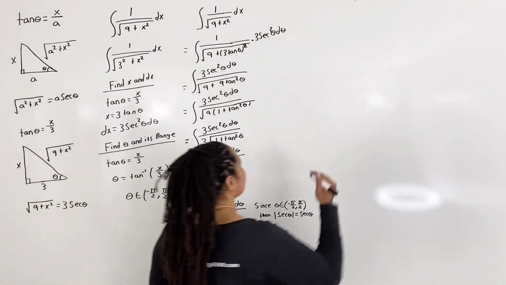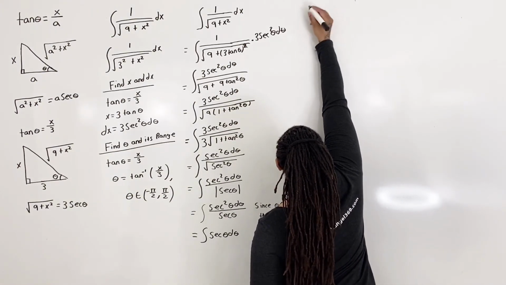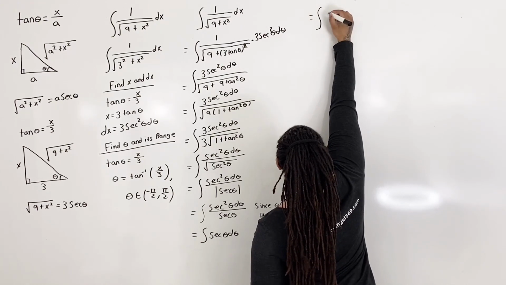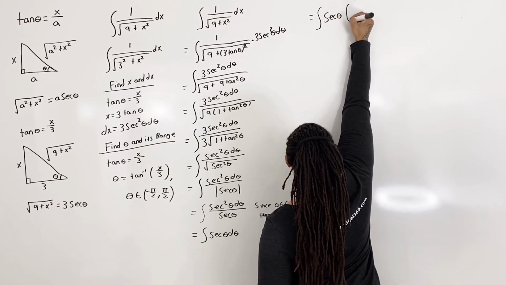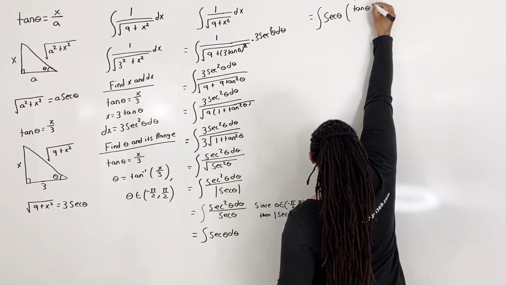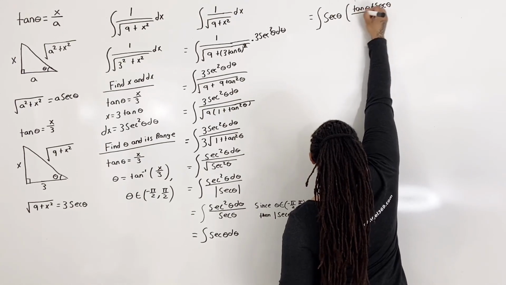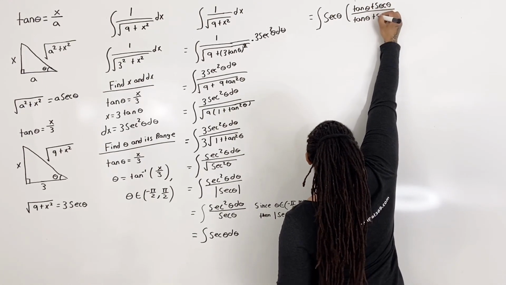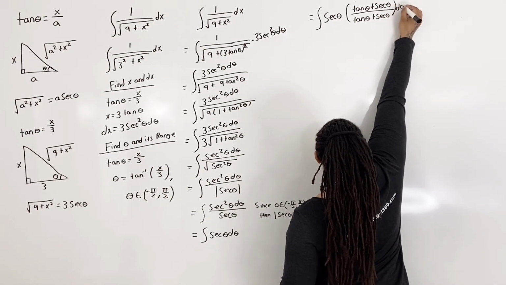Applying this, all of that is equal to the integral of secant theta times (tan theta plus secant theta) divided by (tan theta plus secant theta) d theta.